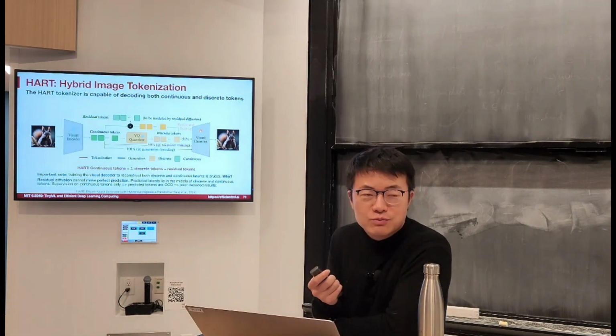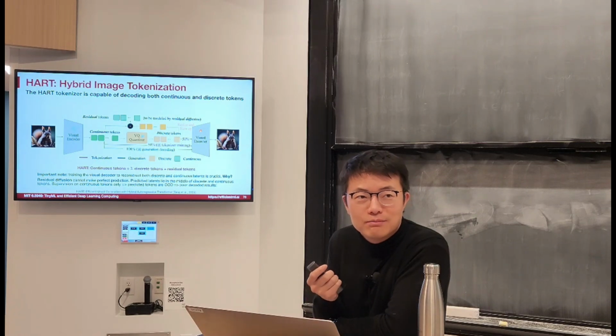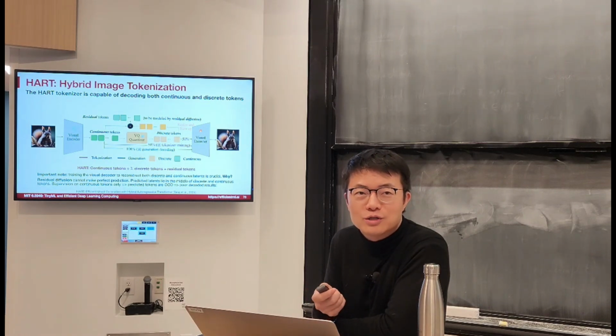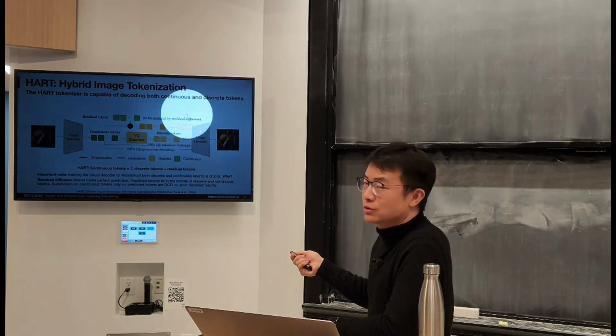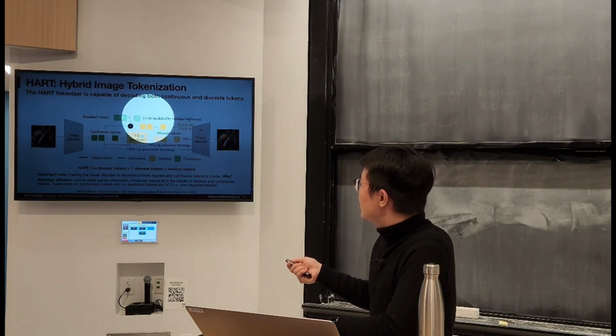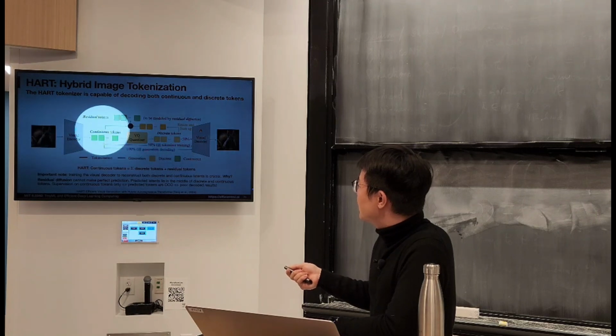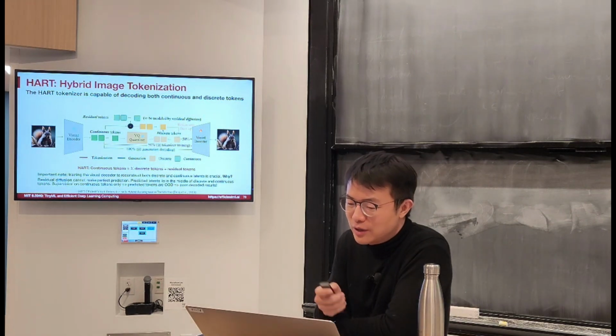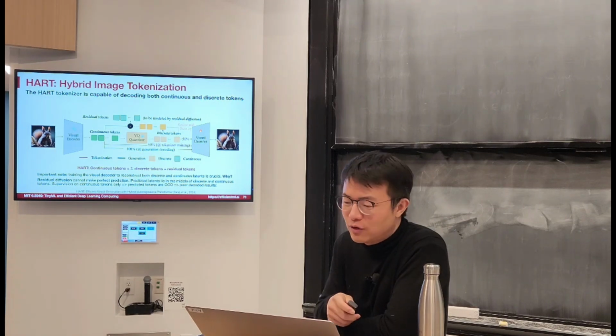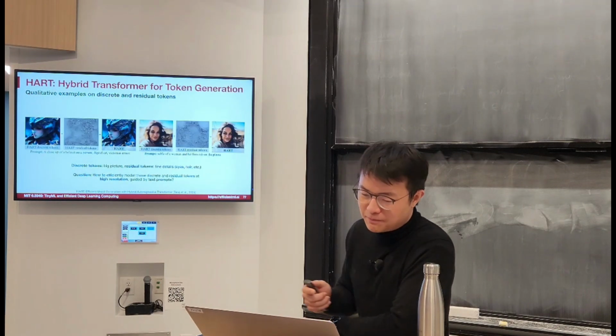That model can be as small as 30 to 40 million parameters, compared with hundreds of millions of parameters. A very small residual diffusion model to learn just the difference between the continuous token and the discrete token, so that we can make this diffusion model super small and super fast.